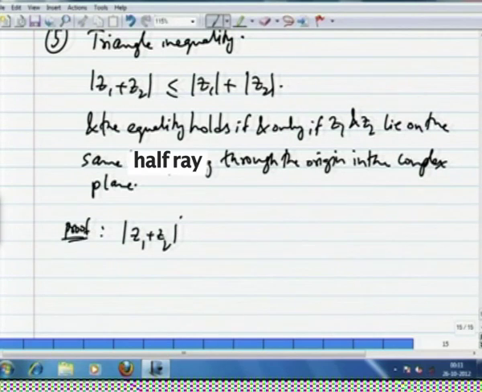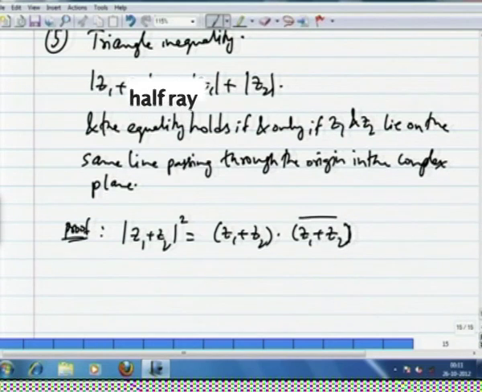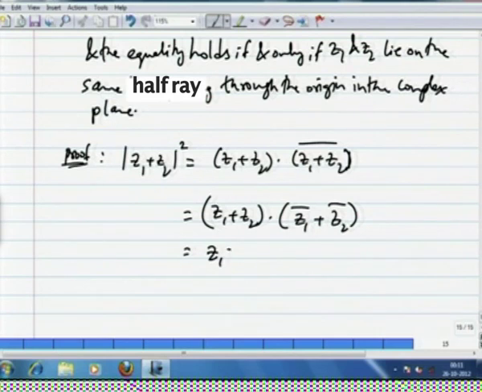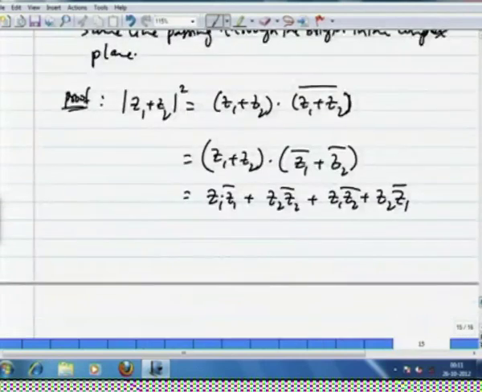The modulus of z 1 plus z 2 squared is equal to, by the previous property, the product of the complex number z 1 plus z 2 with its conjugate. That gives you the product of z 1 plus z 2 times, by the properties of conjugation, z 1 bar plus z 2 bar. When you multiply this out, you get z 1 z 1 bar plus z 1 z 2 bar plus z 2 z 2 bar plus z 2 z 1 bar.